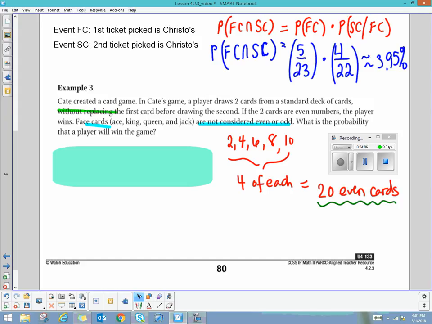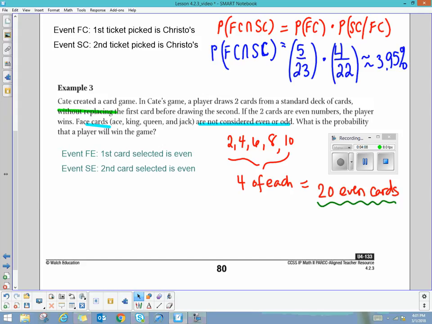As far as setting up the problem, I'm going to let FE represent the event that the first card selected is even, and then SE is going to represent the event that the second card selected is even. So once again, let's set up the problem using our notation now.